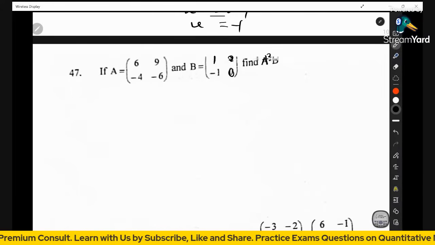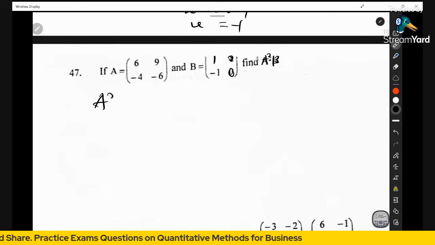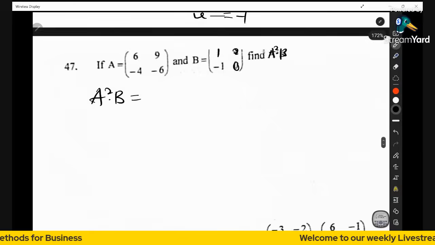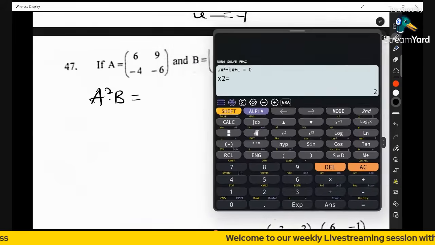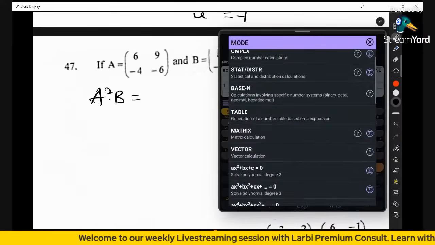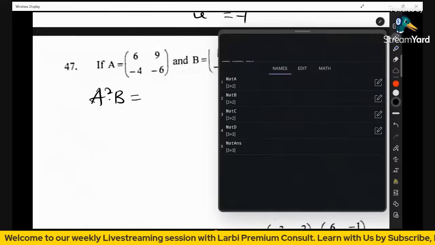So we're asked to find what? A square multiplying B. That's the requirement. So we have to find this A square dot B. And we have seen the majority of this in our question solving. So what I want to do is to go to matrix again with our calculator. So let me go to our normal mode. So go to my matrix. And then this is a 2 by 2.